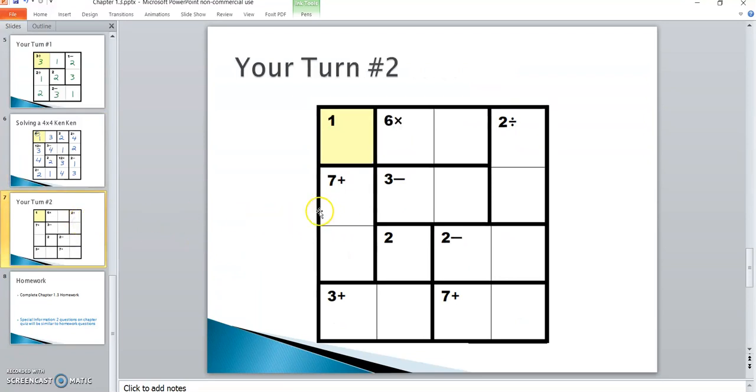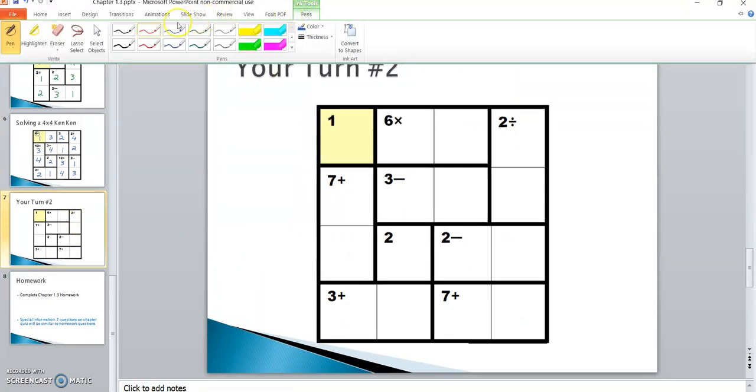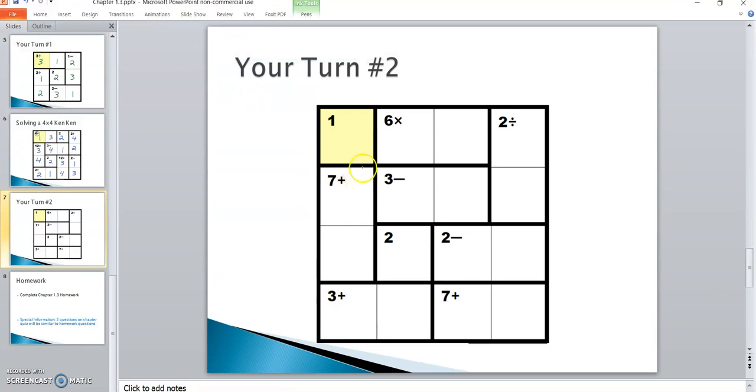So now it's your turn. I want you to just take your time, pause the video, and try to figure out this 4x4 Ken Ken. I would encourage you to start off with the numbers that you do know, and then just think about what numbers could go in each rectangle. So go ahead and pause the video and finish it off.